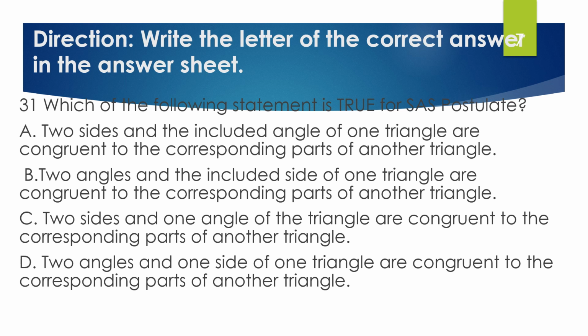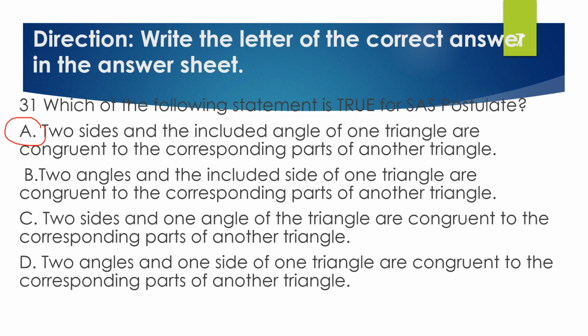C, two sides and one angle of the triangle are congruent to the other part, or two angles and one side of one triangle are congruent to the corresponding parts of another triangle. It looks like all of them are correct, but we could say that this is it: two sides and an included angle of one triangle are congruent to the corresponding parts of another triangle.